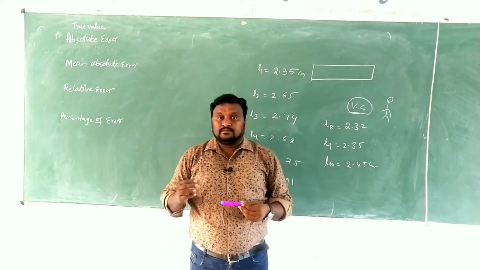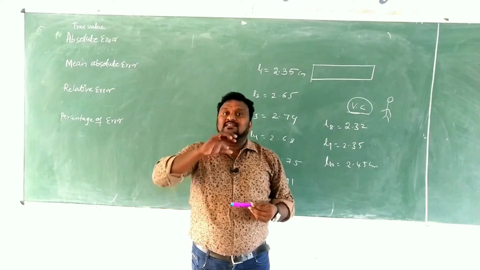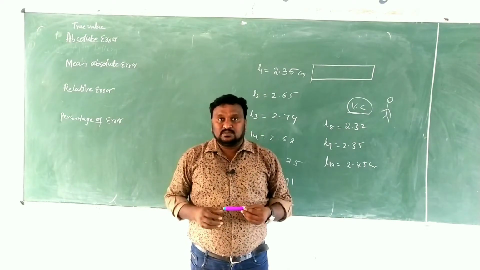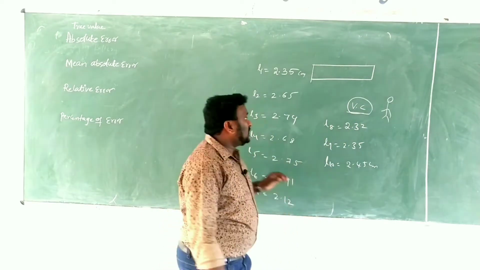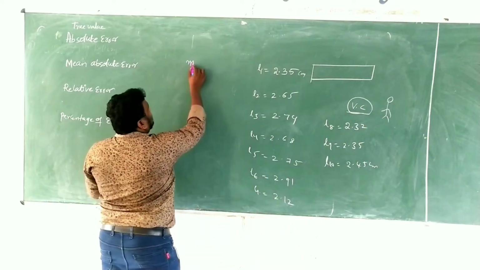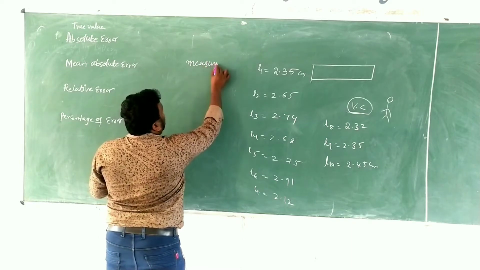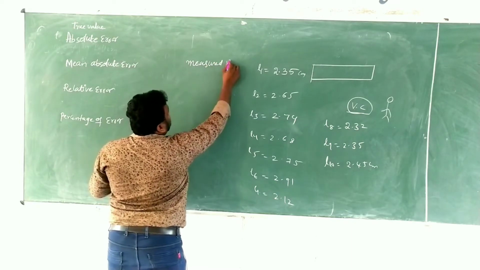So here we have different values. L1, L2, L3 and so on up to L10 are called measured or observed values.